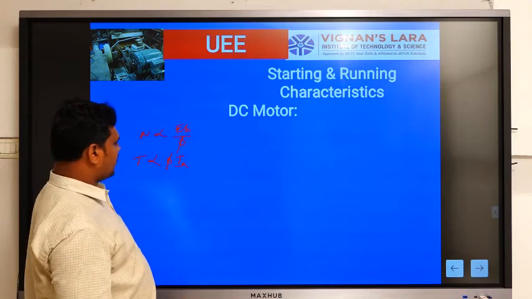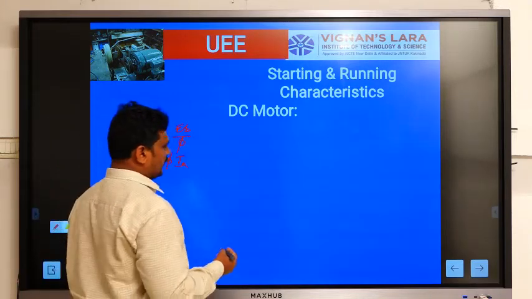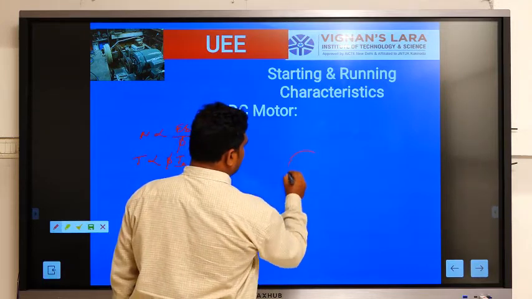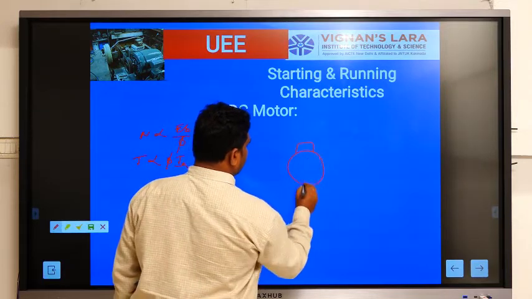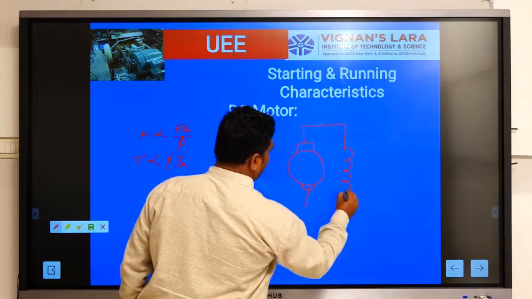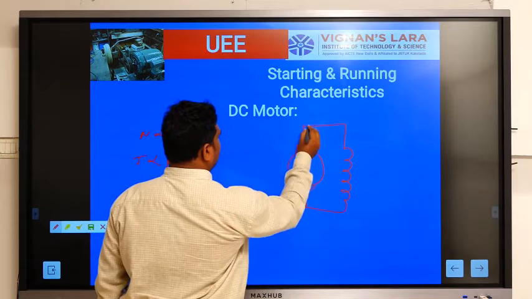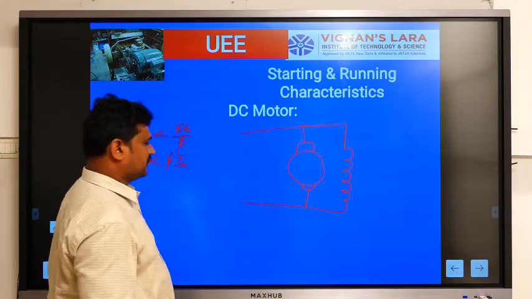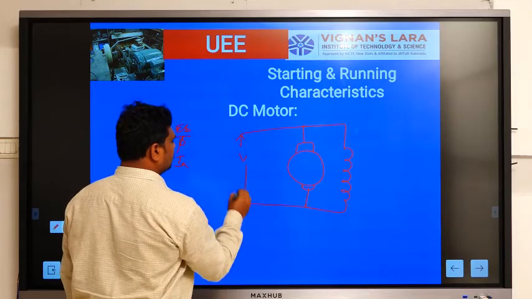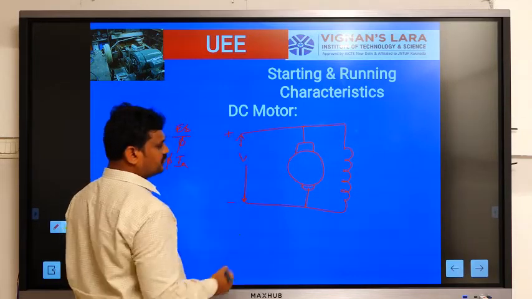Now if you take the shunt machine, its construction is simple like this. The field winding is connected parallel to the armature. This is the applied voltage V, positive and negative.